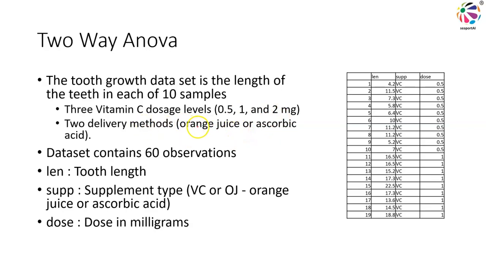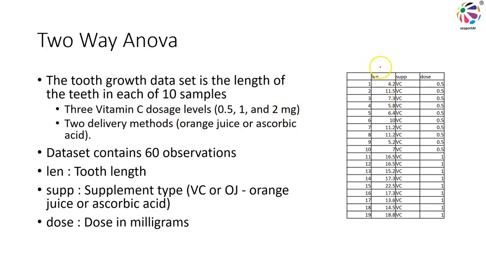We all know that vitamin C is available in abundance in orange juice. It is available in ascorbic acid also. So I administer vitamin C through 2 delivery methods and 3 vitamin C dosage levels. There are 10 subjects to whom this is administered.